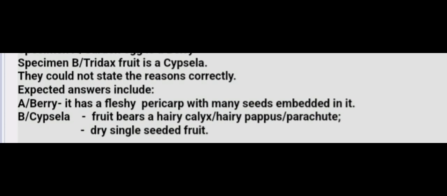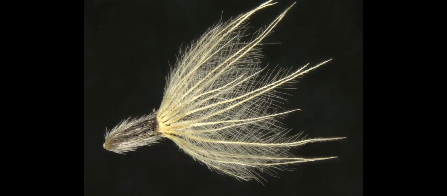Why is dispersal of fruit and seed important? Number one, it helps to prevent overcrowding of plants. When they spread like that, they grow in different areas and not just in one place. Also, it prevents undesirable competition for space, light, water, and nutrients.